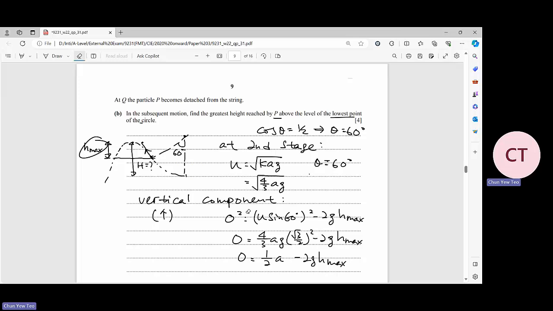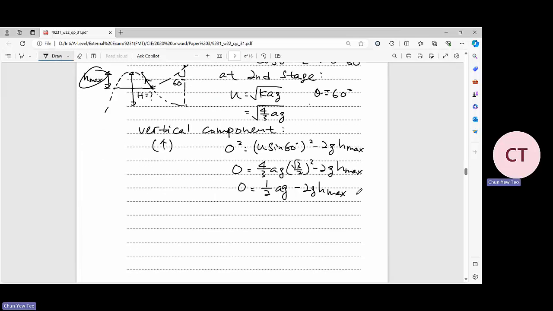Over here the 4 is actually a 1 only. I calculated wrongly. It's only ag. So your maximum height is equal to a half a.